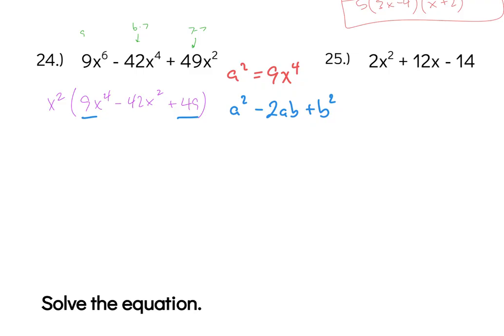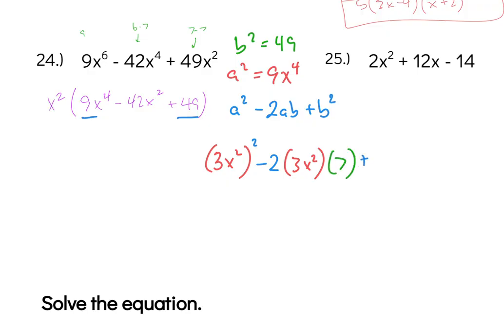Okay, so what this looks like down here is this is now 3x squared minus 2 times 3x squared. And then if you're like, well, what's the b part? b squared is 49, so that means b is just 7.